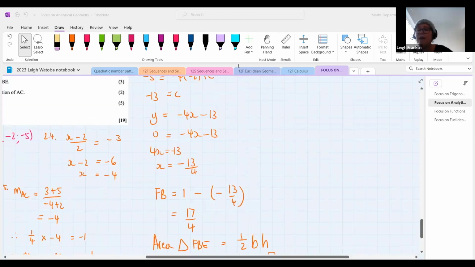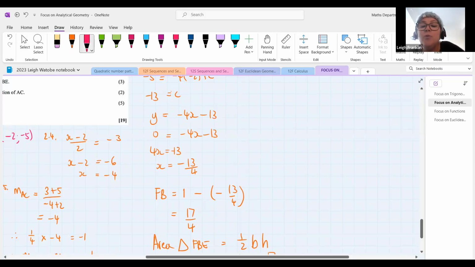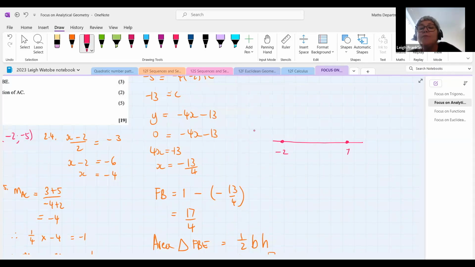Yes, sure. So in other words, what I'm doing here, Shantae, is if you have a horizontal line, and let's say the x-coordinate at this point over here is 7, and the x-coordinate at this point over here is -2, and let's say that's A and that's B. If you want to know the length of AB, you can say the x to the right minus the x to the left.